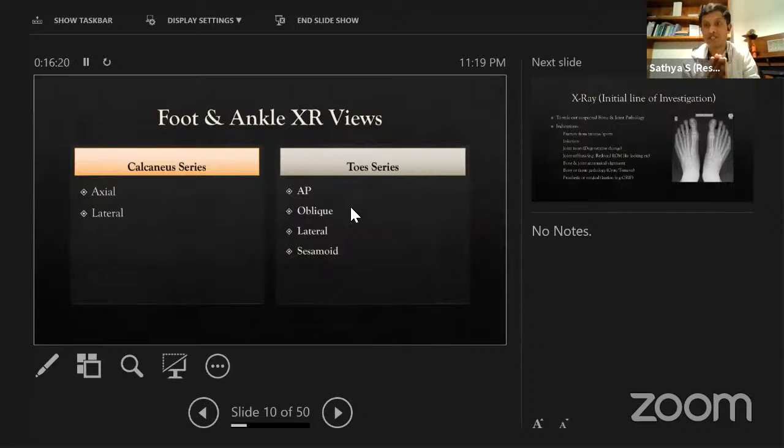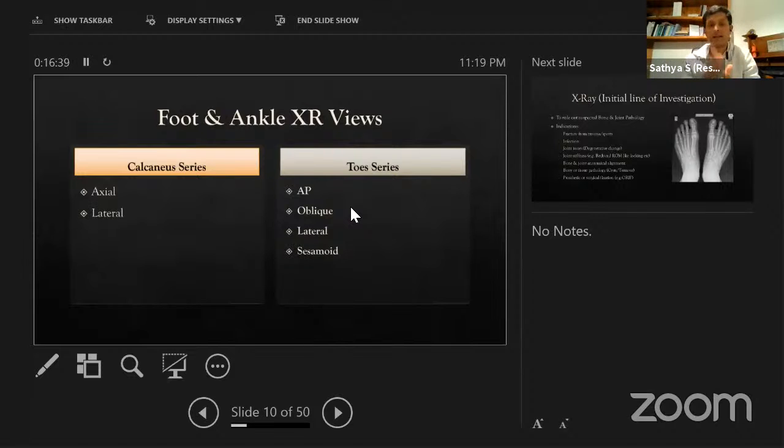Quite often it is not visible due to the shadow that is present. If there is tenderness from the bottom of the midfoot and hindfoot junction, then it's better to go for a calcaneus series, or sometimes you even have to go for further scans like MRI or a CT scan.